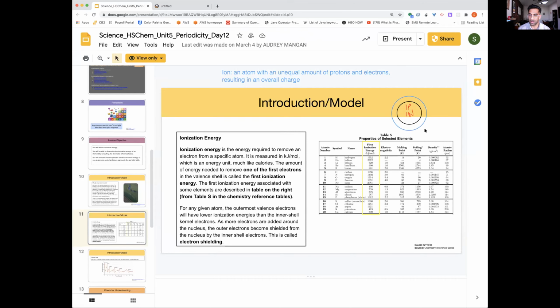I have a single energy level outside, orbiting with one electron. I'm going to put that electron in green. So that is our 1e. I'm going to write a negative sign just to remind you that electrons are negatively charged, protons are positively charged. Neutrons have no charge, they are neutral, but they add mass, okay?